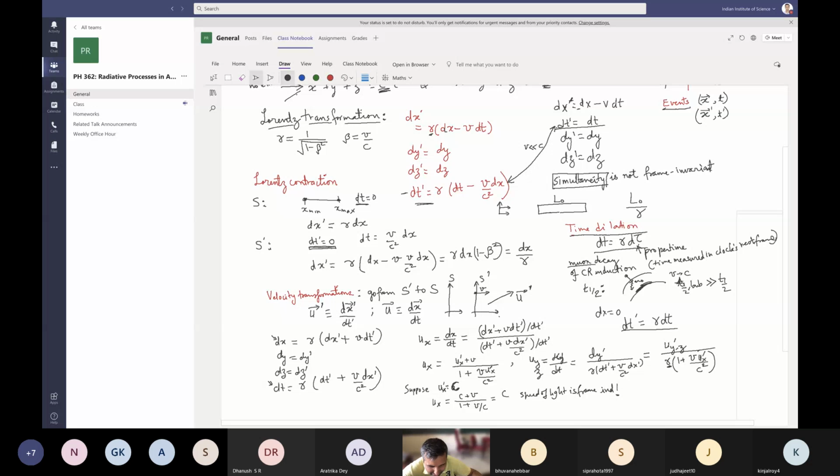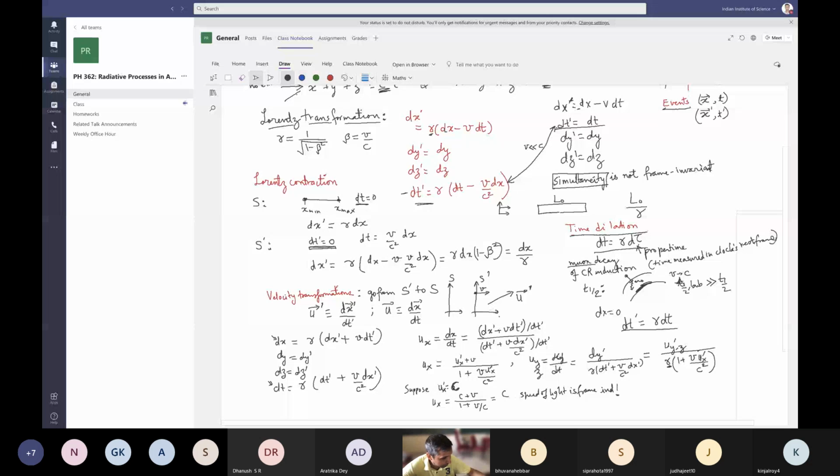If you put ux prime equal to c in this velocity transformation formula, the velocity measured in the lab frame S is nothing but c, which is nice, right? And this is irrespective of v. So basically, the speed of light is the same in all frames.